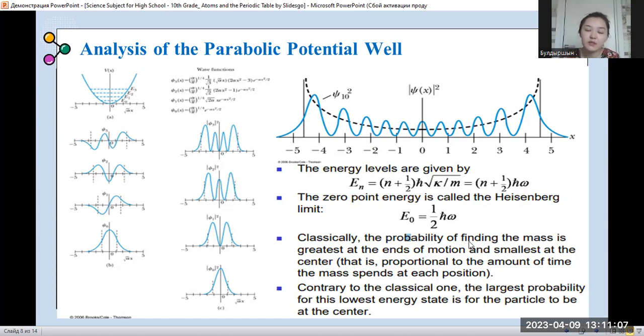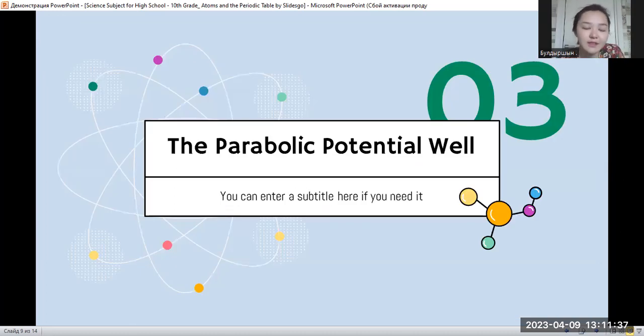Classically, the probability of finding the mass is greatest at the ends of motion and smallest at the center, proportional to the time the mass spends at each position. Contrary to the classical case, the largest probability for the lowest energy state is for the particle to be at the center.